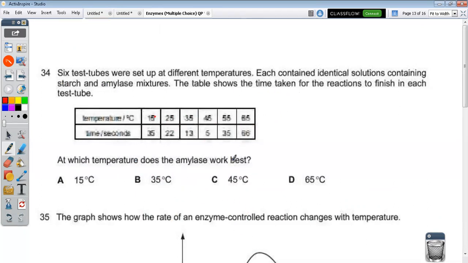Time taken to finish. Which one is taking less time to finish? 65. You answer 65 from the results in the table, not from what we know from our knowledge. So what's the best answer? C.